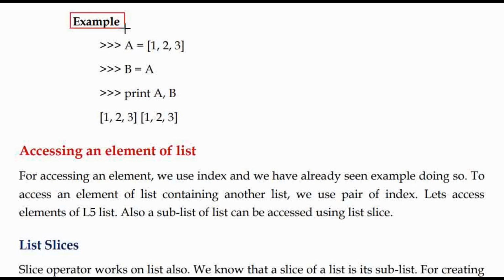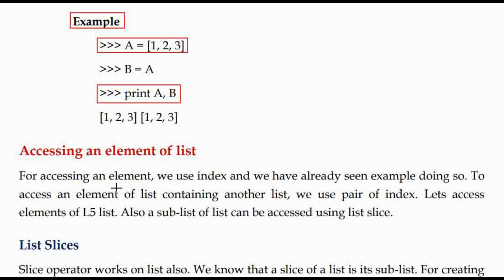Example: A = [1, 2, 3], B = A, print A, B: [1, 2, 3] [1, 2, 3].